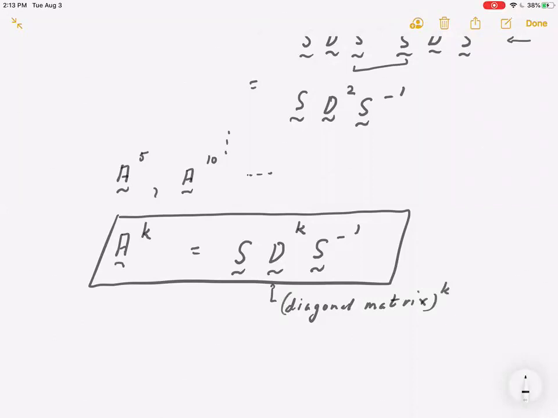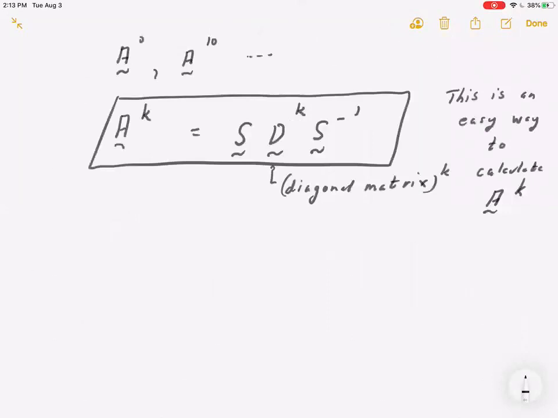Diagonal matrices are easy to handle because they only have components along the diagonal. And so this will be a wonderful prescription. This is going to be a very easy way to, in fact, calculate what a matrix A is raised to some power K.